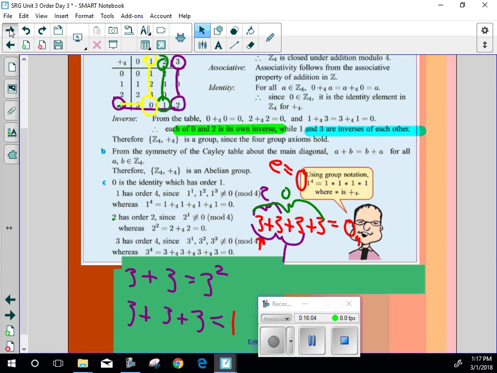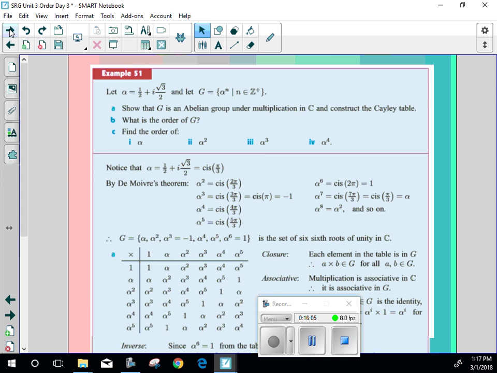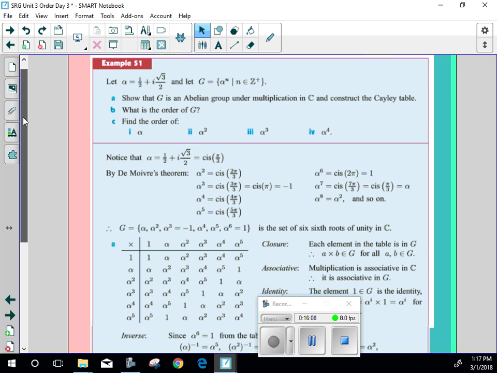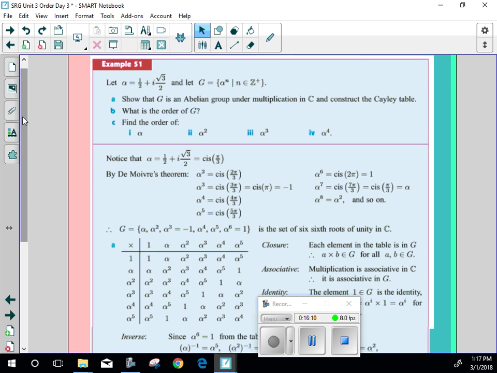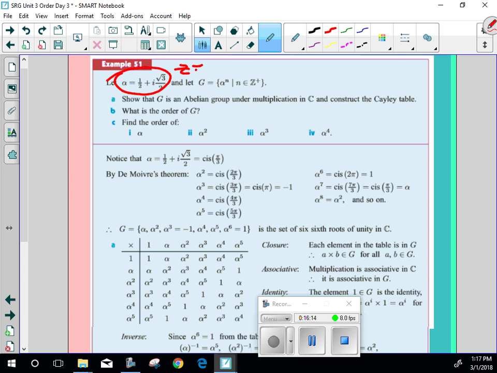Okay, so we found the orders. Just wanted to bring your attention to this one. We did the cis thing yesterday. We changed this into z equal to 1 cis 2 pi over 3. And we played around with it a little bit. We looked at z squared, which was cis 2 pi over 3 to the second.